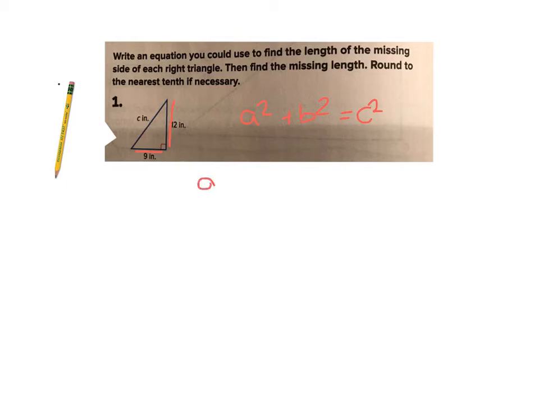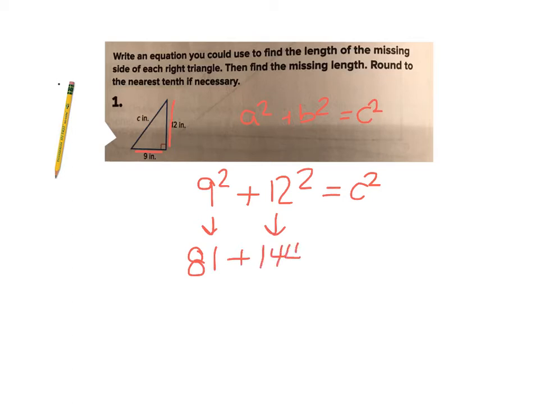So I'm going to get 9 squared plus 12 squared equals C squared. So this right here is now my equation. And now I can solve for C. So 9 squared is 81. 12 squared is 144.